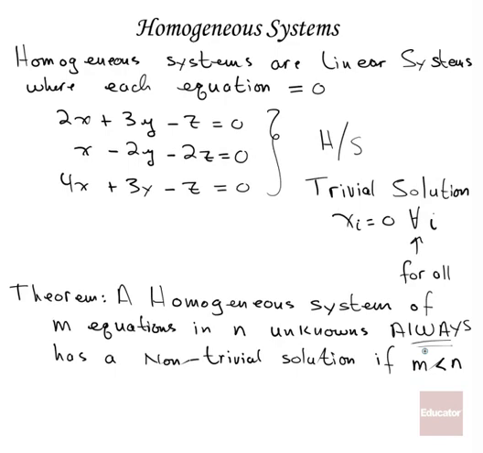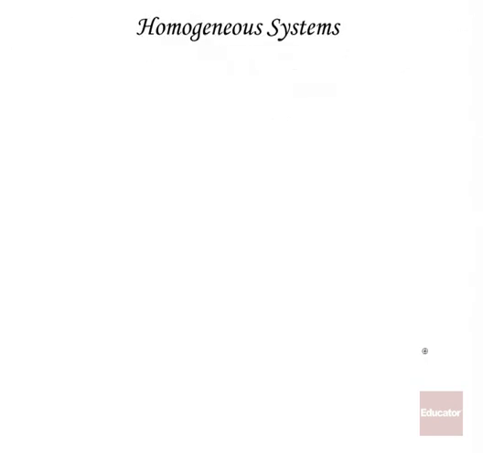Let's do an example. Okay. So we have 1, 1, 1, 1, 0, 1, 0, 0, 1, 0, 1, 2, 1, 0, 0.